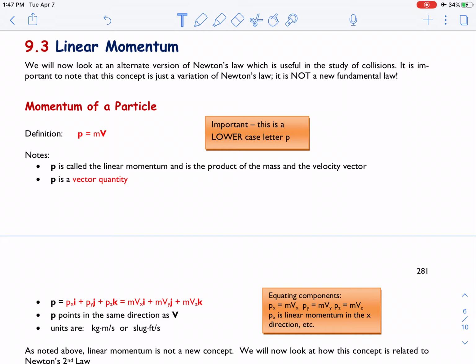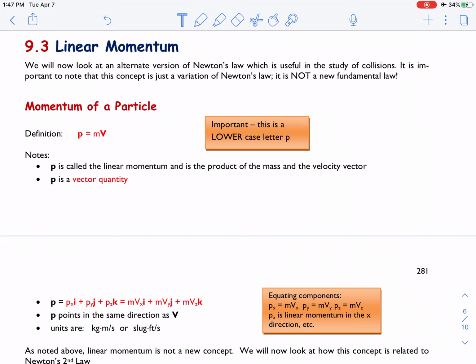Okay, so it is important to note that this concept is just a variation of Newton's law, and it's nothing different, okay? We're not using a new law. And momentum of a particle is given as p, p is for momentum, again, that's lowercase for a particle.